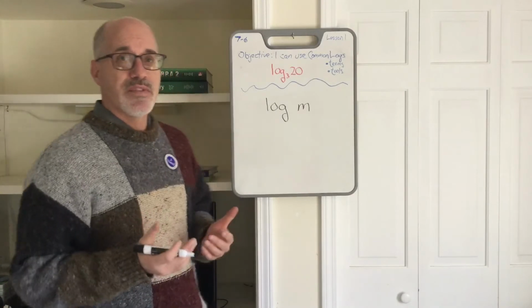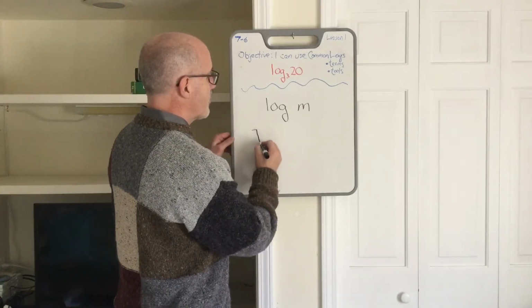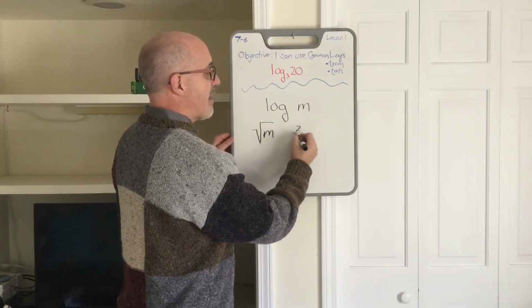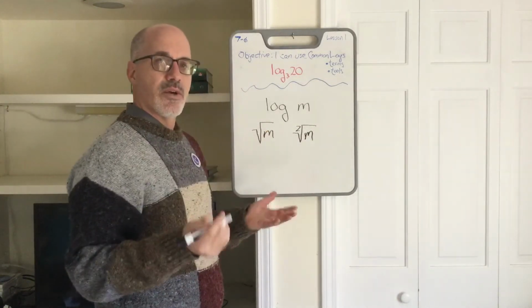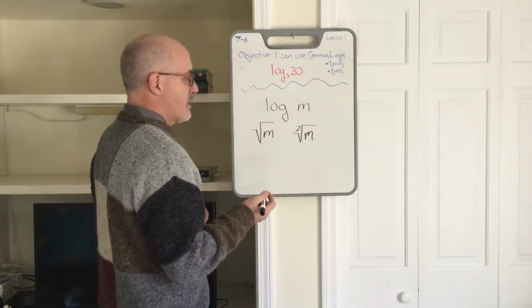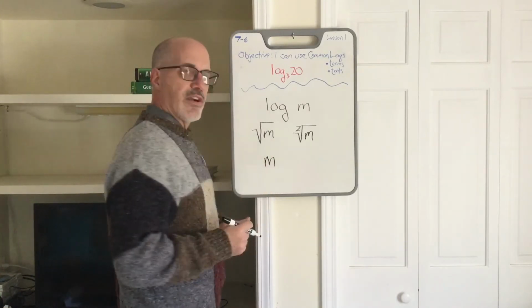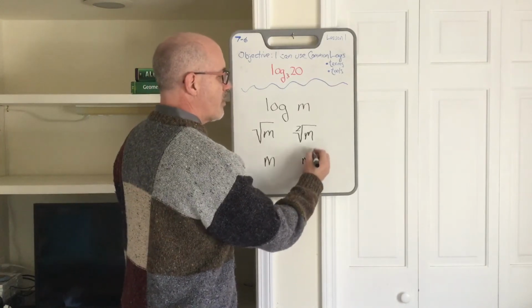It's kind of like what we've done in other situations, like when we do square roots of a number, that's the same thing as having an index of 2. We just don't list it, and so we assume it to be 2. Same thing with an exponent: if we have a variable with no exponent on it, we assume that exponent to be 1.